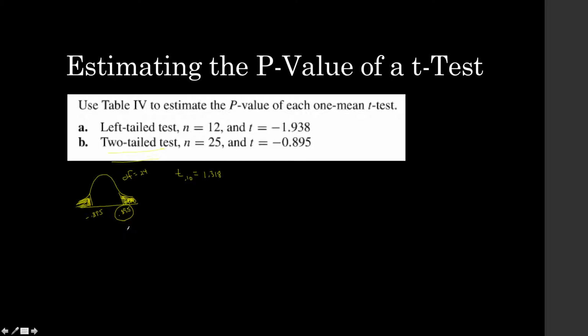But since this value is smaller than any other thing, we're going left, so we get larger. So that means our alpha has to be larger than 0.10, and the area under the curve that lies to the right of 0.895 has to be greater than 0.10.